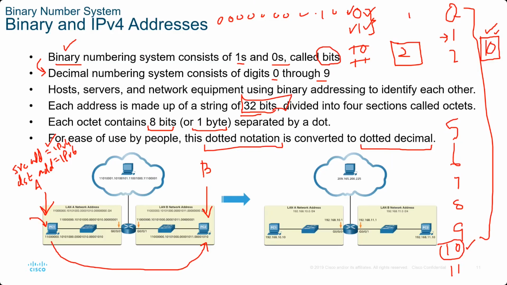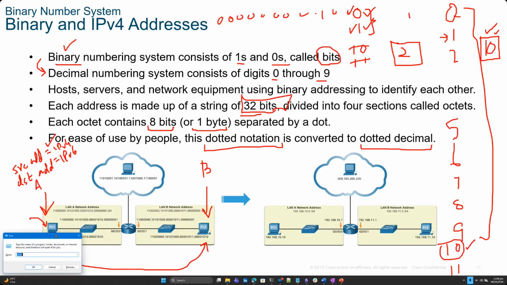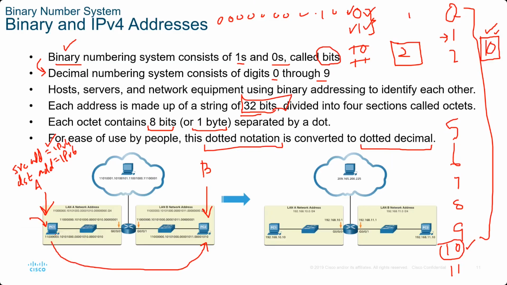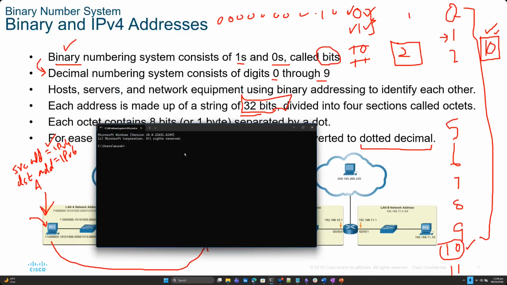Now, if I tell you my computer address, if you want to ping something, go to the command line. If I want to ping a computer and its address is 32 bits long, imagine what I would have to type. I would have to type 32 bits like this, up to 32 bits.